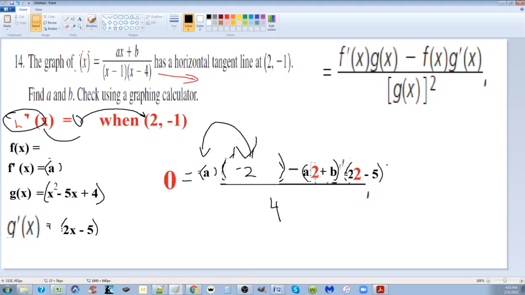We actually have minus 2a. And remember that it's minus. So I've got to get rid of this and just put a nice old minus in front of it.